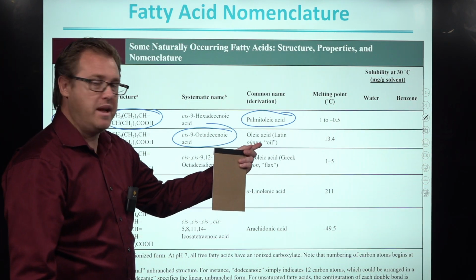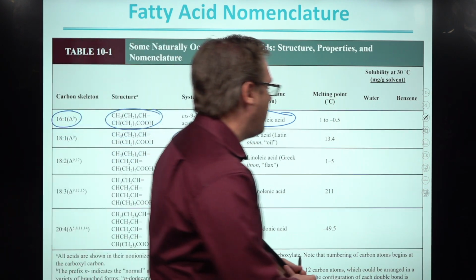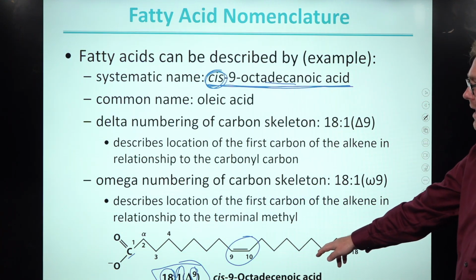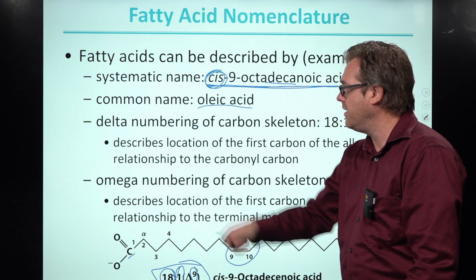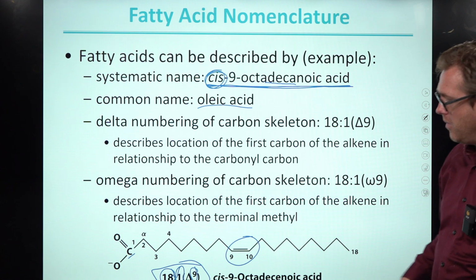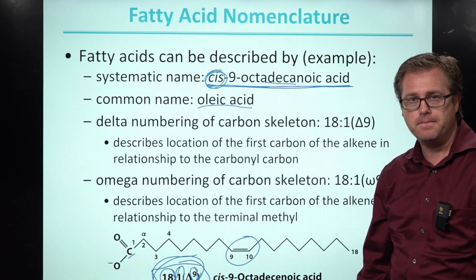Oleic acid would be the common name. I am not concerned that you could look at that structure and say, hey, that's oleic acid. I really want you to be able to look at the numbers.